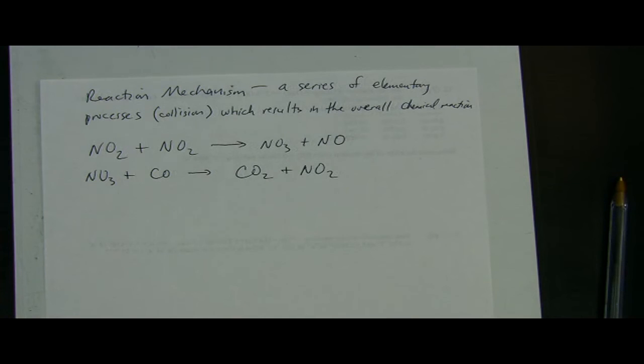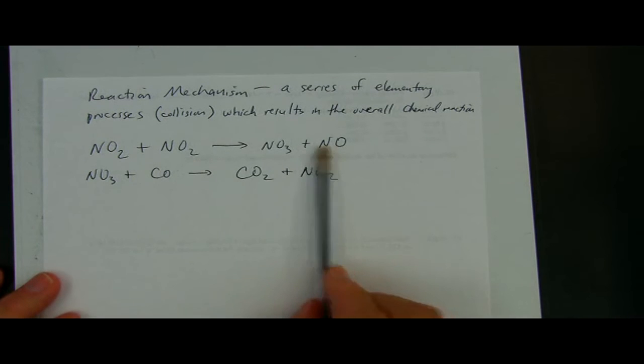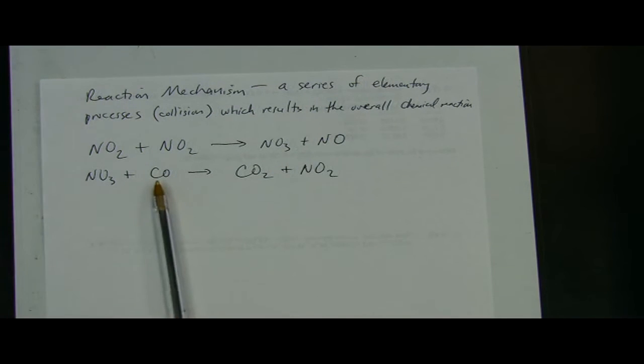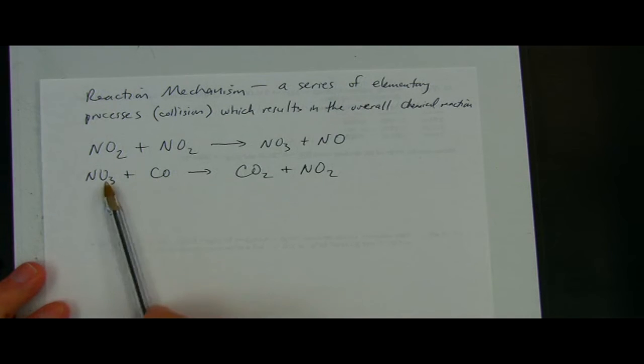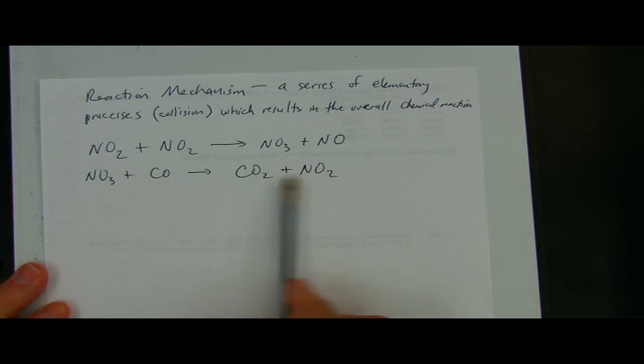Then that NO3 molecule that was produced in the first step collides with a CO molecule. So here's a CO coming along and hitting that NO3. When they collide, the NO3 transfers one of those oxygens over to the CO to make CO2 plus NO2.